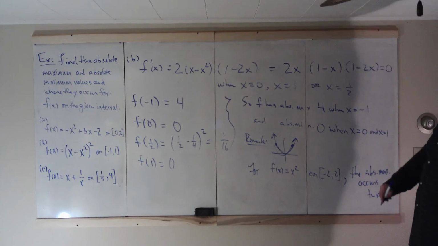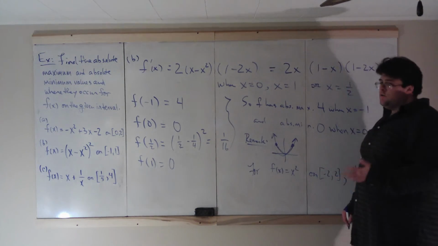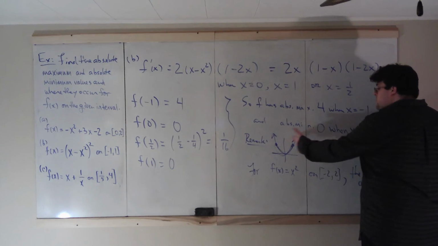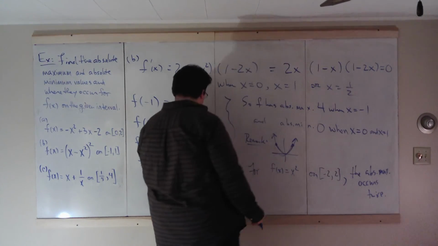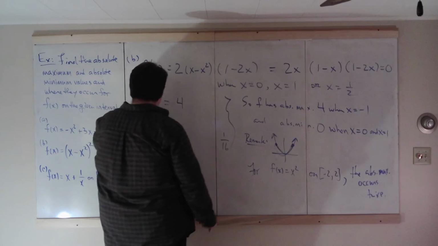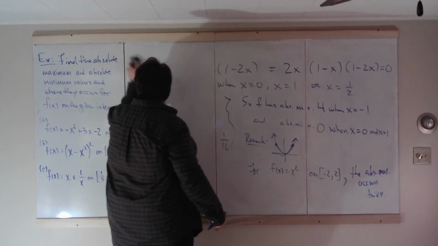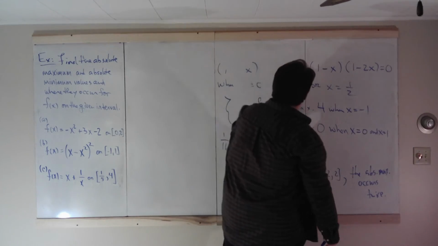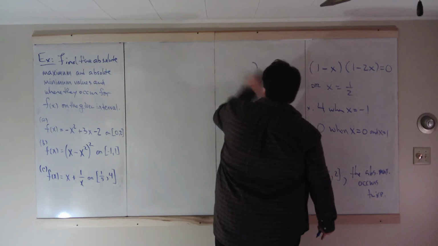So an absolute maximum or an absolute minimum could occur twice, but notice, of course, it's the highest value, so the y value is going to be the same. On negative 2 to 2, the absolute maximum of x squared is 4, occurring at 2 and negative 2. The minimum is 0, occurring at 0, which you could show using calculus. The critical point there would be 0. Or you could show using that graph for an example like that.